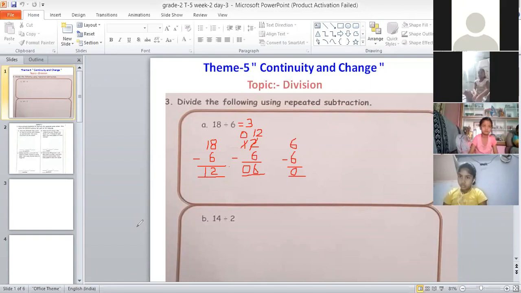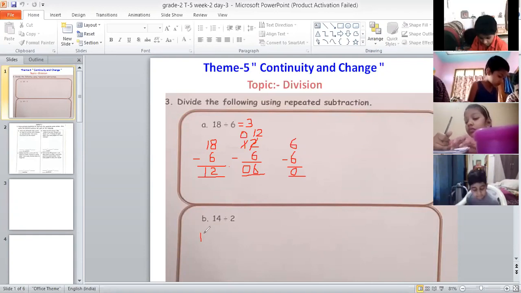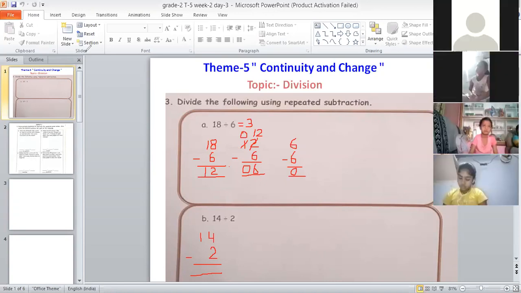So this time what we have to do? We have to subtract 2 from 14 until we get 0. So first of all, we'll write here 14. Okay, we'll keep on subtracting 2 until we get answer 0. So we will subtract 2 from 14. Okay, so you will write here 14 minus 2.